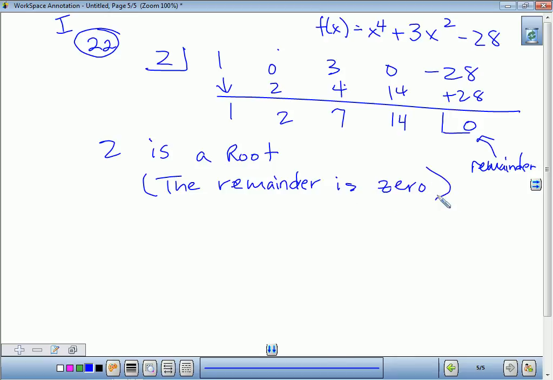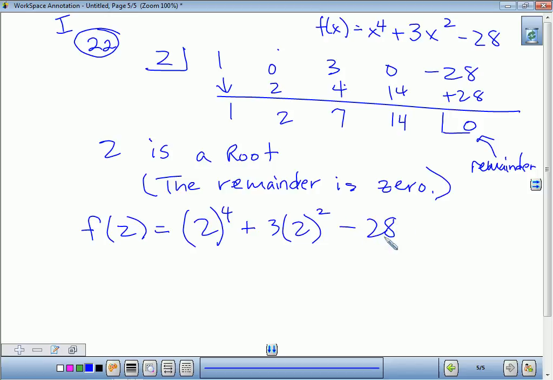Another way we could do that, do y'all remember the remainder theorem? Which said if you evaluate f of 2 and we get out 0, it is a root. So 2 to the 4th, 2, 4, 8, 16, plus 3 times 2 squared. 3 times 4 is 12.